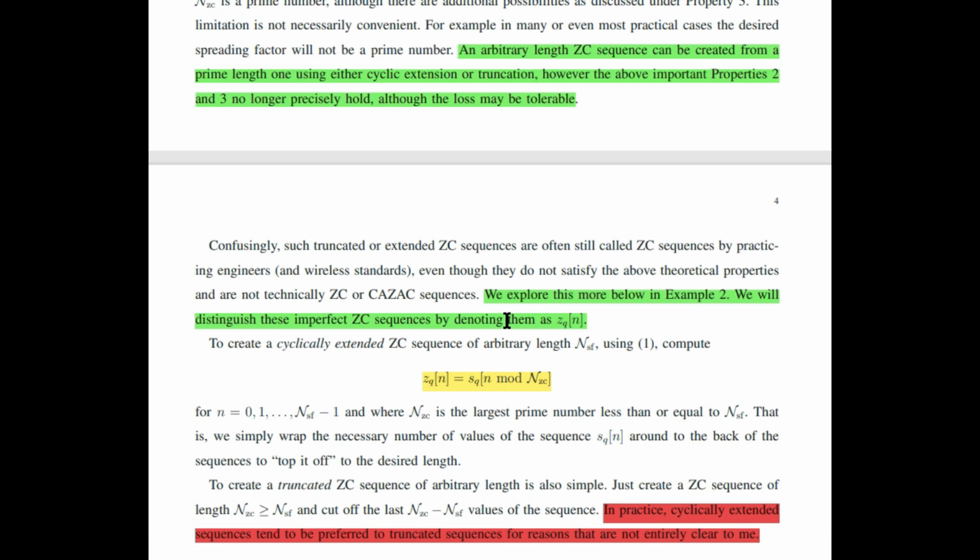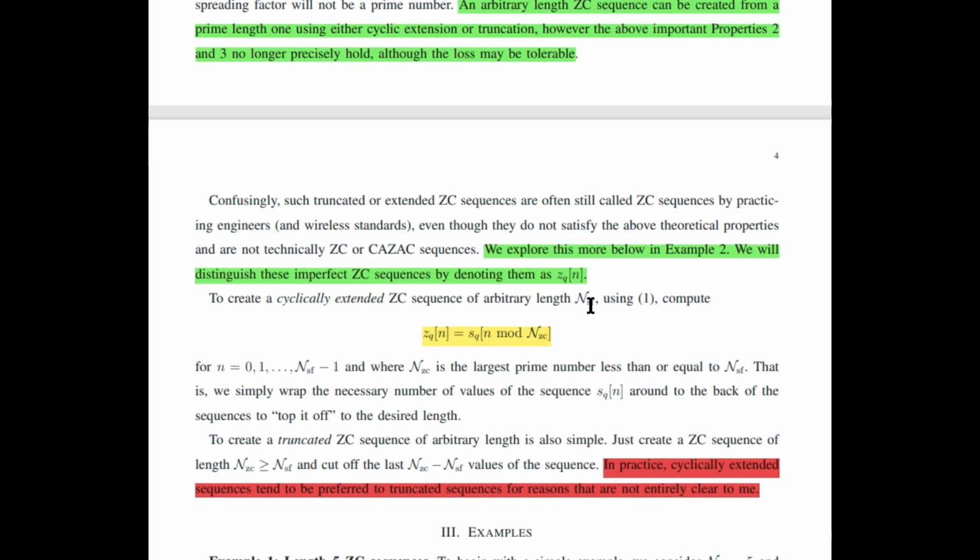We can proceed by this relation. To create a cyclic extension, the desired length is denoted by NSF, which is the length we want to find, and NZC is the largest prime number less than or equal to NSF. That means supposing the length is 12, we can simply take NZC equal to 11, because that is the largest prime number.